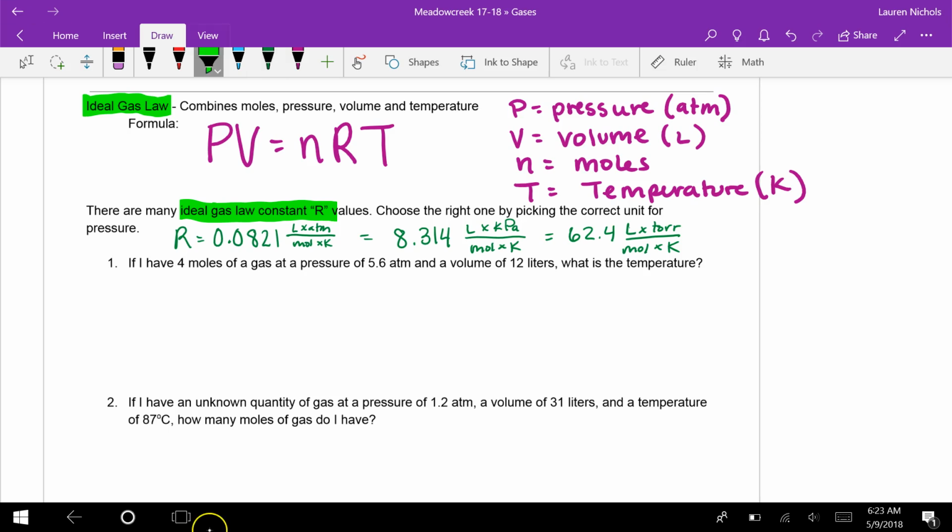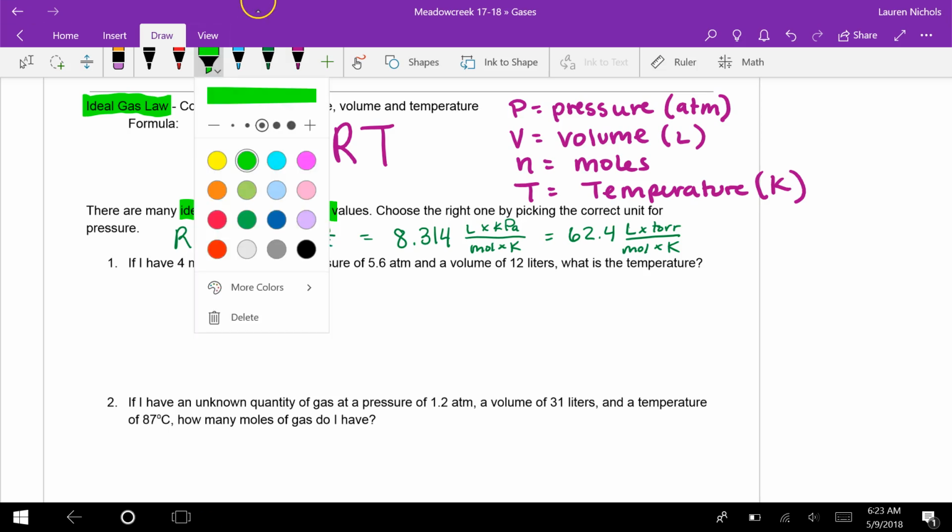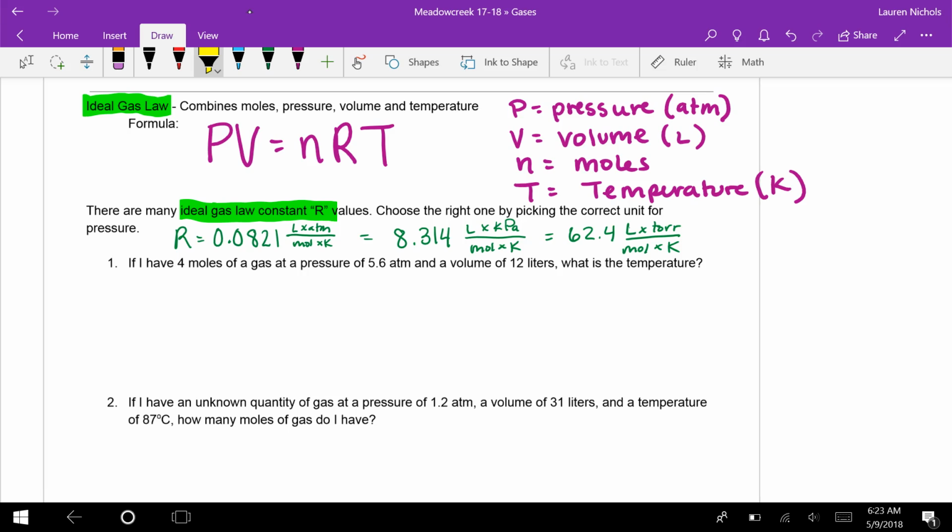And so the difference between these is what unit they measure pressure with. So here in 0.0821 it's atmospheres, here it's kilopascals, and here it's torr. So you need to pay attention to what unit of pressure you have, and that will determine what unit you will use for that.